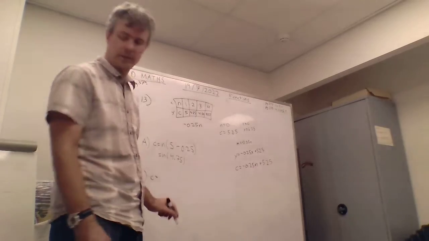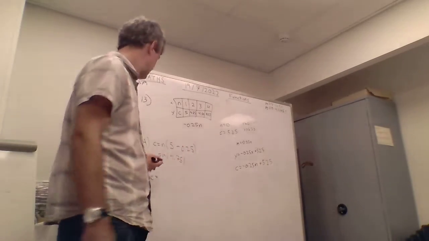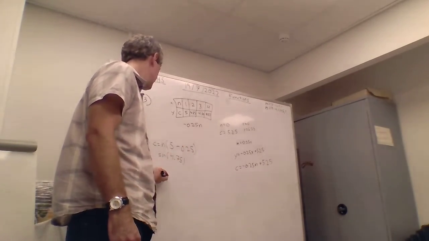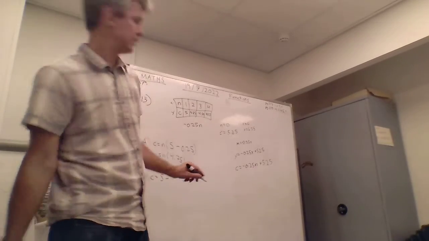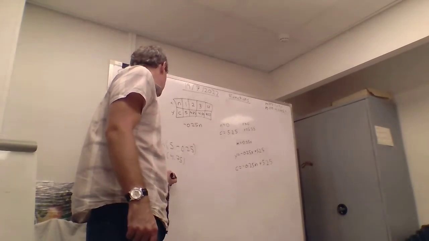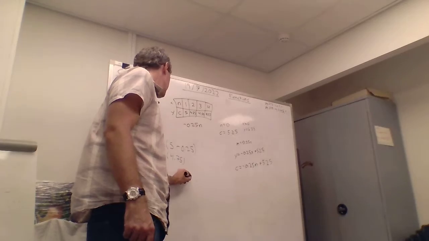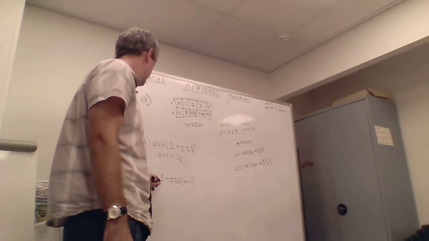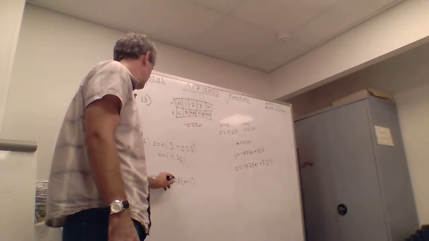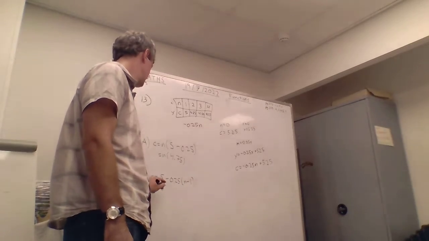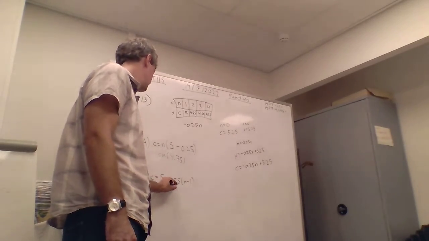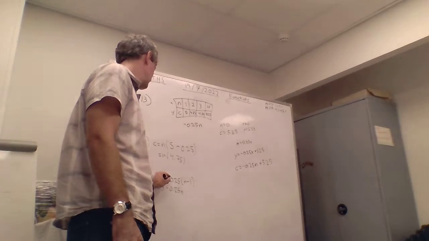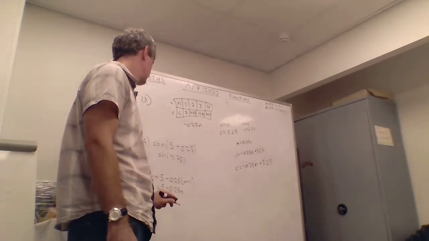C equals 5 minus 0.25 times n minus 1. Right? That equals 5. What is 0.25 times n? 0.25n. What is negative 0.25 times negative 1?